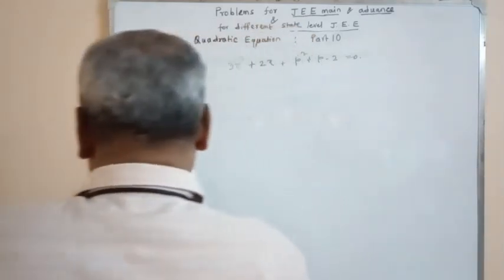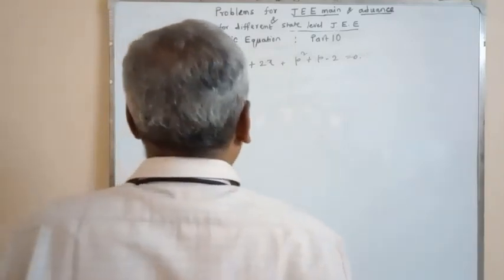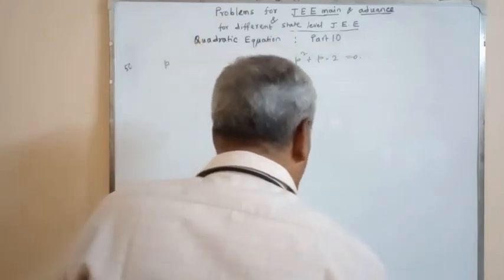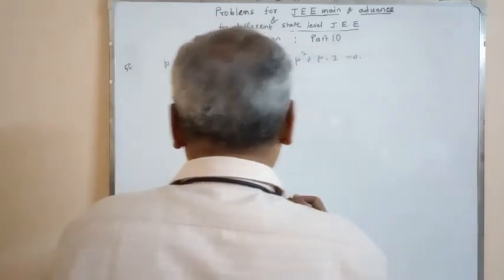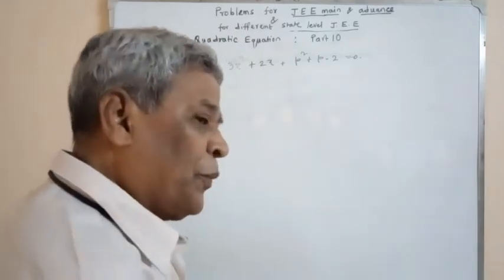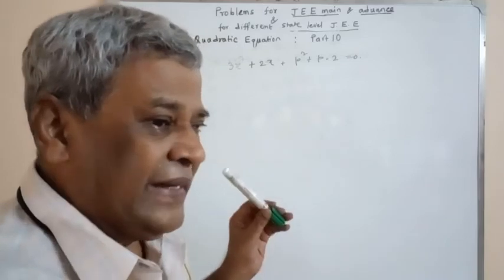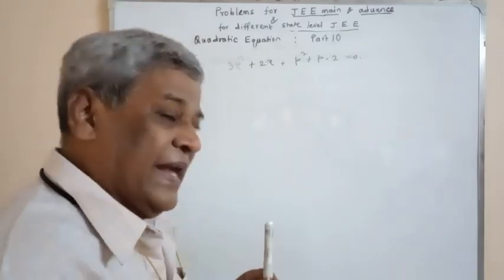Now we have to find the range of p for which this equation has roots of opposite sign. If roots are of opposite sign, one must be positive and one must be negative. So their product must be negative.